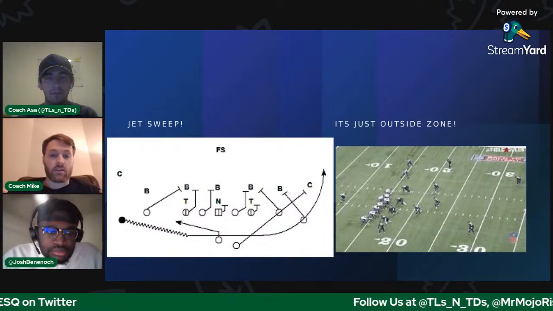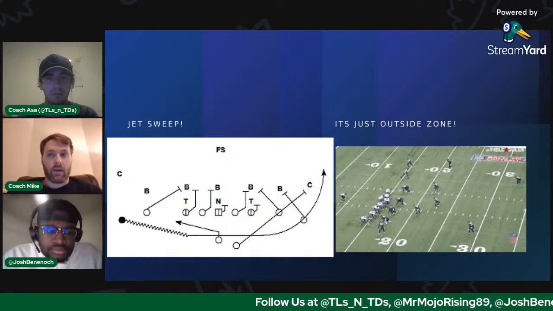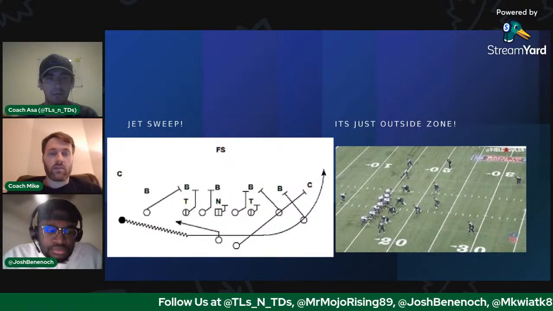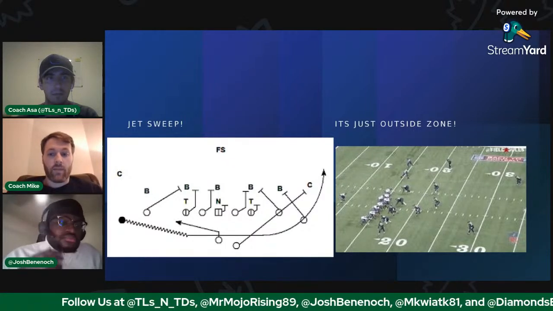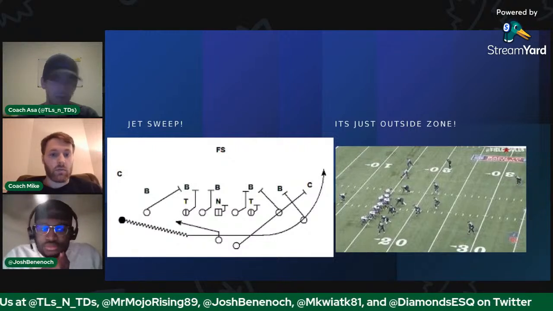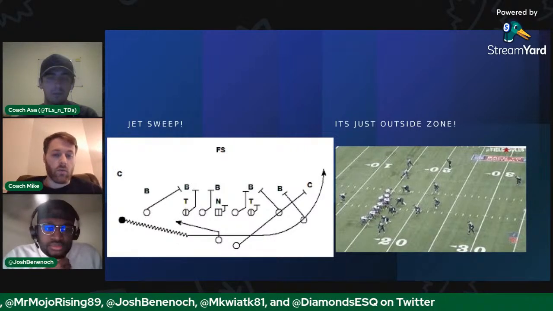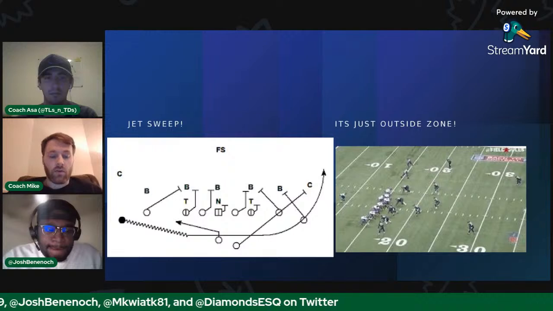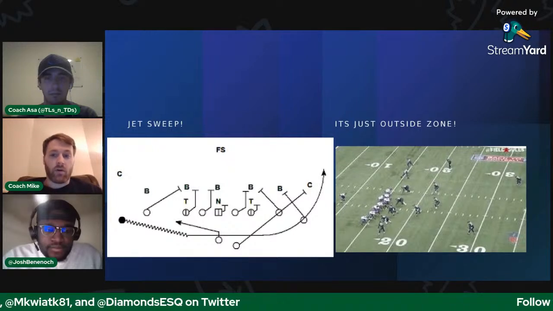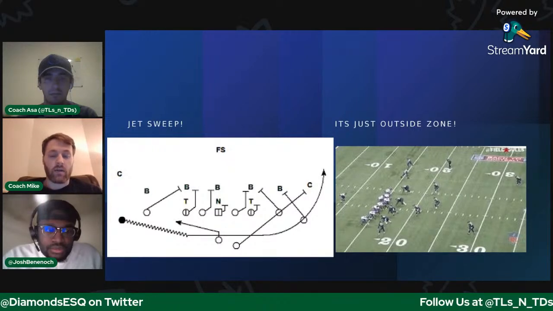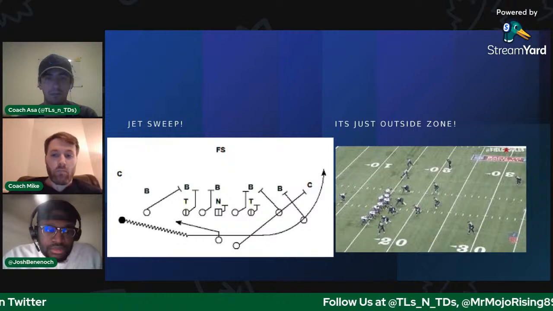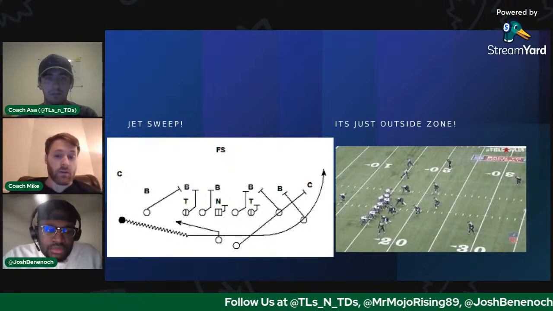So also, anytime that you can throw a wrinkle in to catch the defense off guard, that's sometimes what happens with something like jet sweep, where you have a wide receiver come in motion, or even at the snap of the ball, depending on how close their alignment is. And they're the ones who end up essentially being the ball carrier.